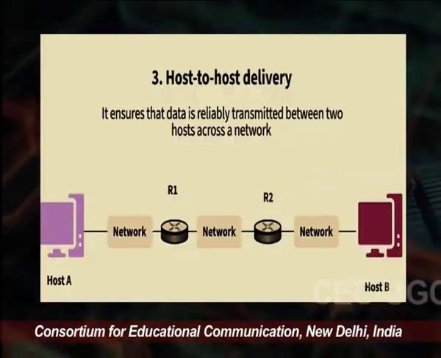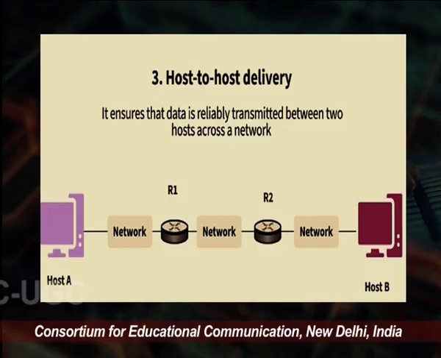Now, moving further, the third and a very important function of the network layer is host to host delivery. Basically, it is ensuring that data is reliably transmitted between two hosts across a network.